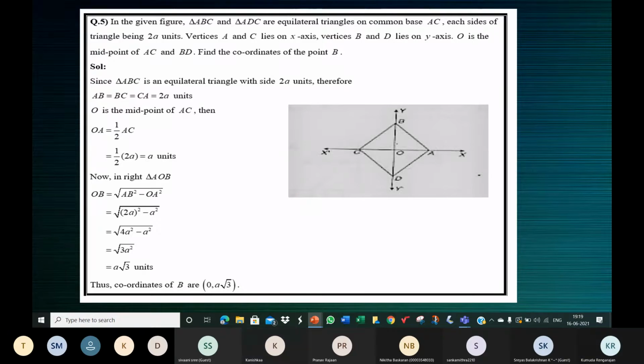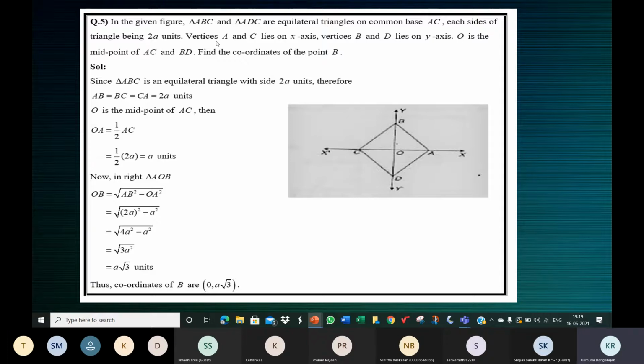Yes, ma'am. Okay. Any other answer, children? Okay, fine. So both of them are right, Sangamitra and Kanishka. 0, comma, minus root 3a.